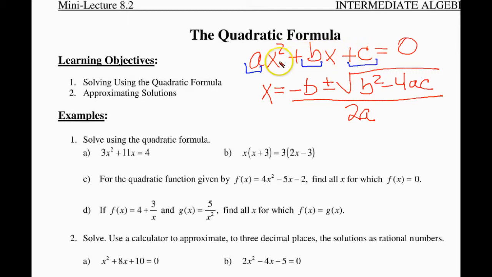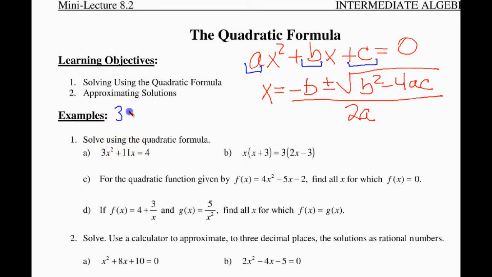Now to get the proper value of this, it has to be in standard form. You can't have a c on this side and use that value, because on this side it would have the opposite sign of what it has on this side. So we have to put it in standard form.